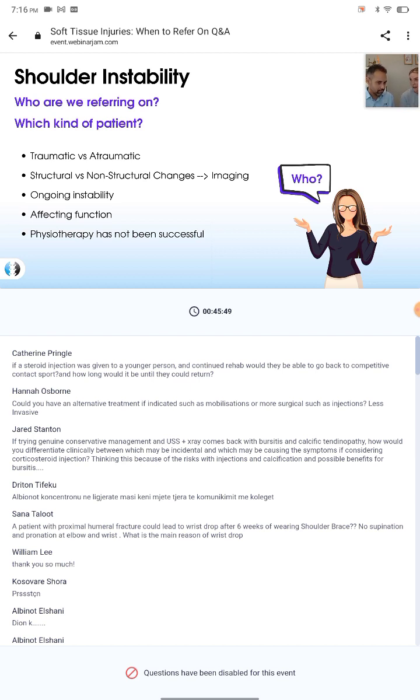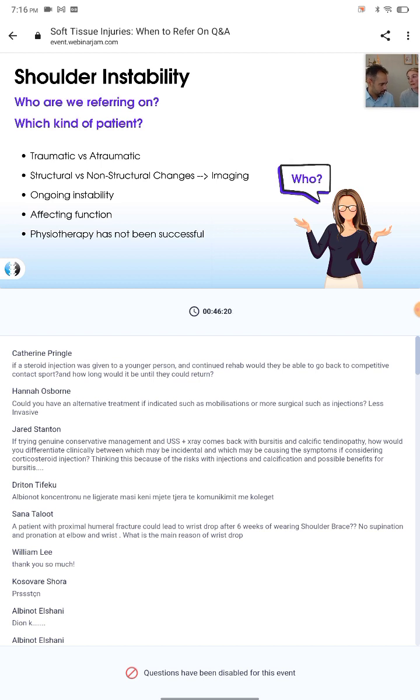So if you're seeing someone in primary care that's had a traumatic dislocation that hasn't been seen in A&E, they probably need to go to A&E, or they need their GP to refer them to fracture clinic so they can be managed appropriately. In the younger patient group we might see bony changes, we might see glenoid labrum changes that may mean that they go on to have stabilisation surgery, or in the slightly older patient groups they might even have associated fractures or rotator cuff tears that become a bigger problem for them in the future.